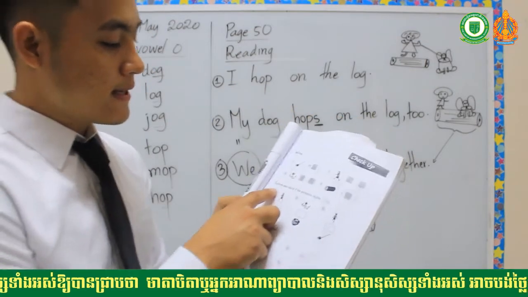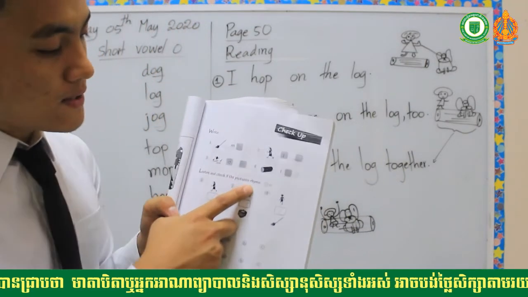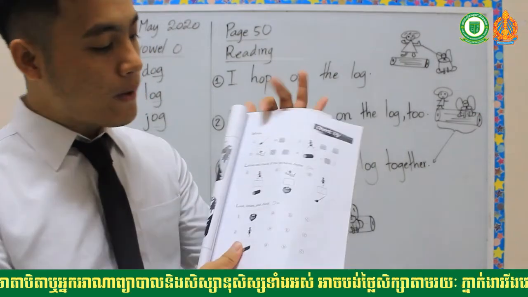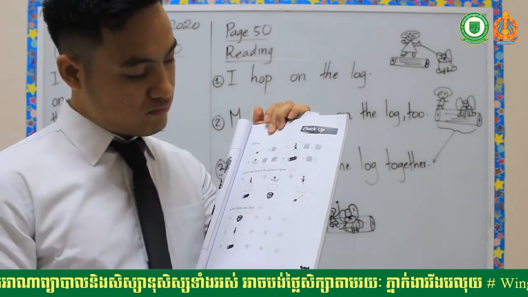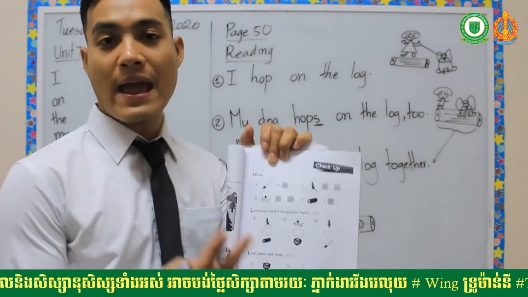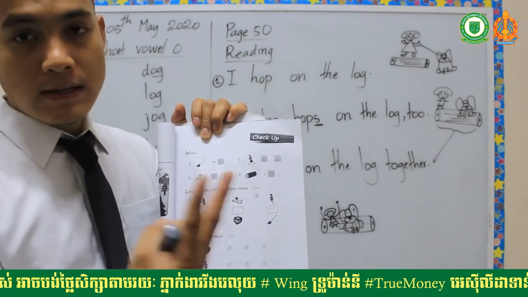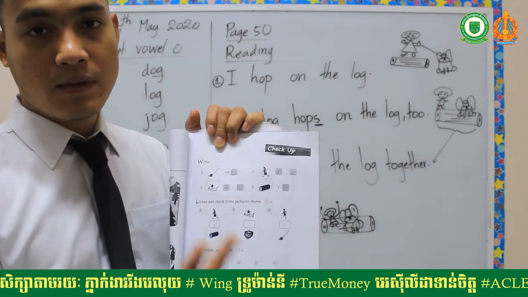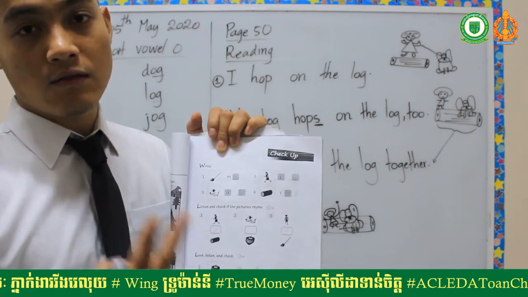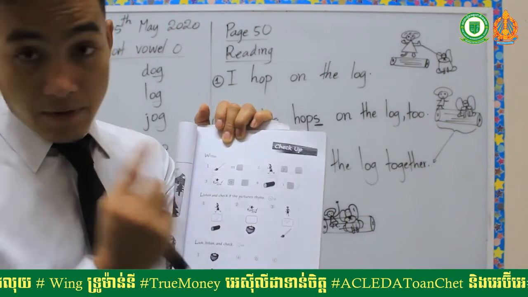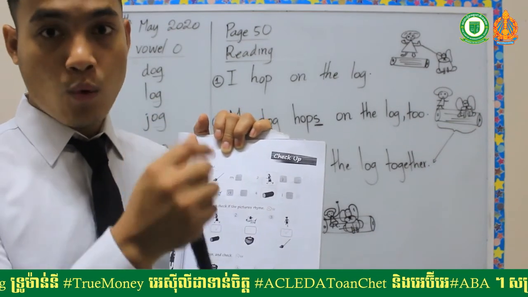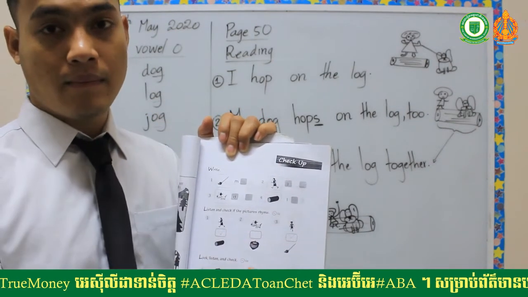And number 2 is listen and check if the pictures are right. Over here we have 3 pairs of pictures, pair 1, pair 2, and pair 3. But only 2 pairs have the same rhyming words. I will read for you, and then you will check the pair that rhymes.